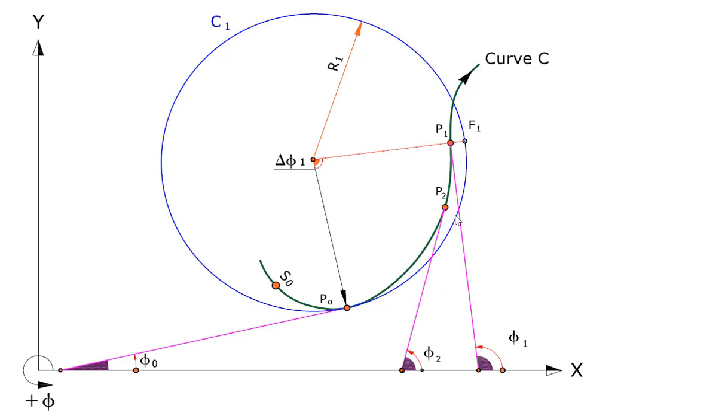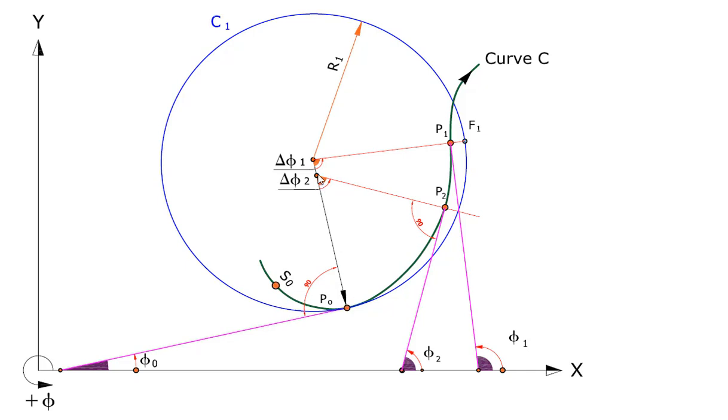From this point P2 we are going to draw a perpendicular line which will intersect with this line here, and now we have central angle delta phi 2, which is phi 2 minus phi 0.